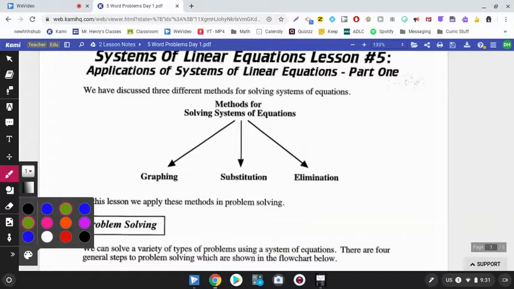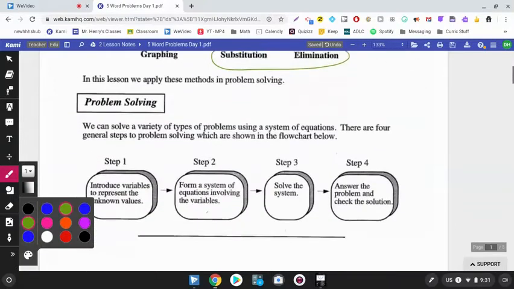Sometimes I'll just say, hey, solve it algebraically, and that would be these 2, the substitution and elimination, the ones that I actually do by hand. So keeping in mind there's 3 methods, sometimes it's easier to use one method or the other, and sometimes I'll tell you which one to use, okay?